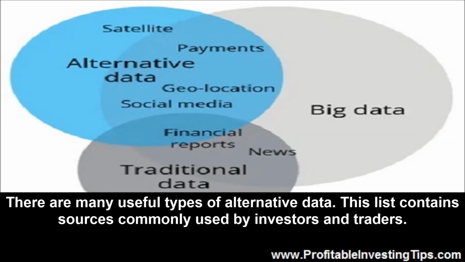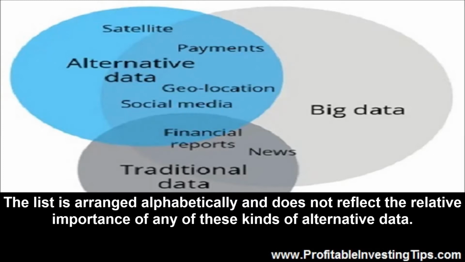Types of alternative data. There are many useful types of alternative data. This list contains sources commonly used by investors and traders. The list is arranged alphabetically and does not reflect the relative importance of any of these kinds of alternative data.